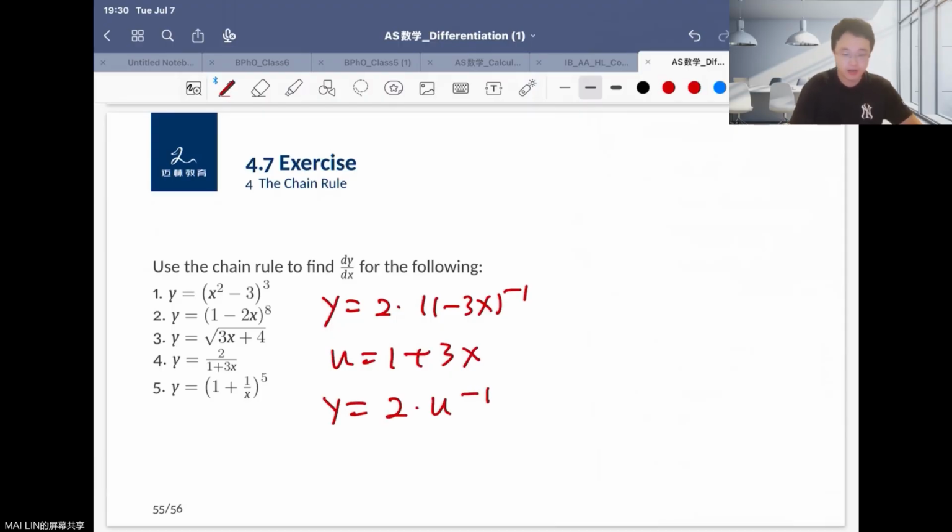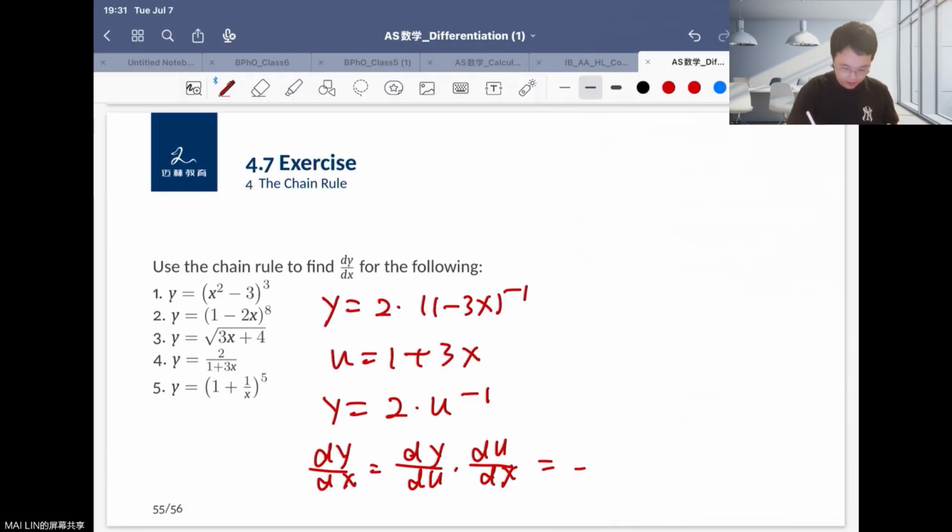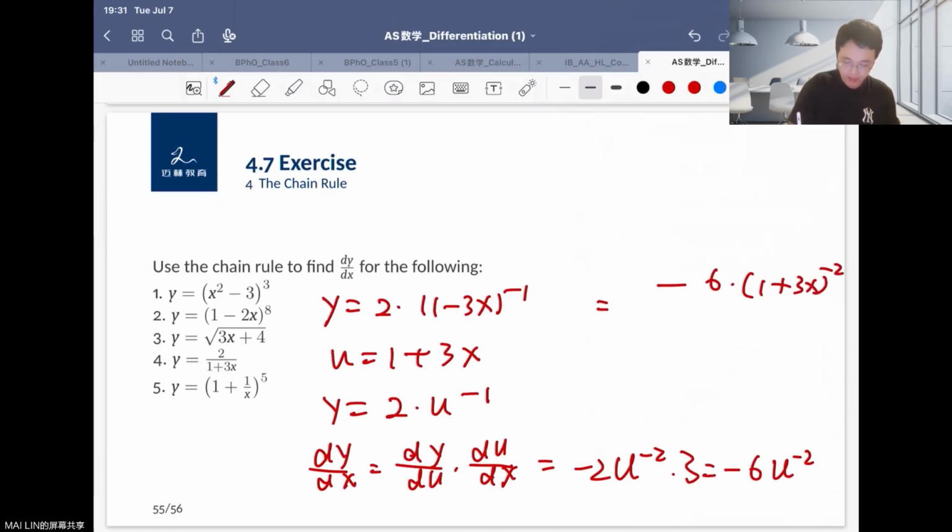So dy over dx can be considered as dy over du times du over dx. dy over du is negative 2 times u to the power of negative 2, and du over dx is 3. So finally, the answer is negative 6 times u to the power of negative 2, where u is 1 plus 3x. So the answer is negative 6 times (1 plus 3x) to the power of negative 2.